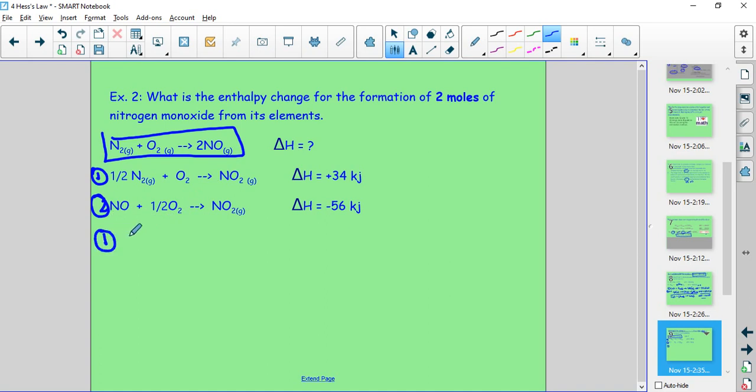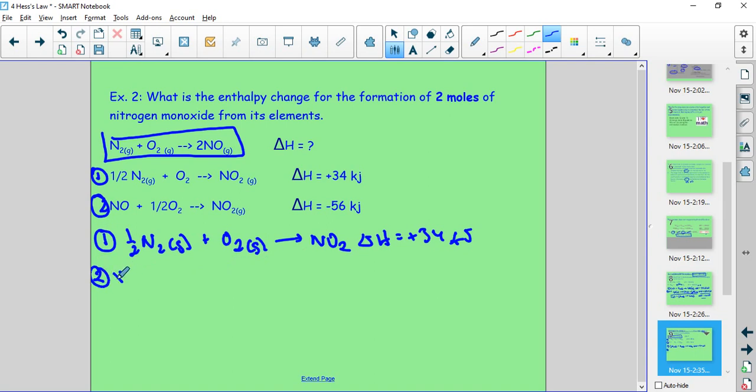Reaction 1, I'm going to write out exactly as is. Nothing happened to the reaction itself, so I'm going to just rewrite that enthalpy. Okay, then number 2, I'm going to multiply that by -1, right? We talked about why that should be the case, our first step. So that flips the reaction.